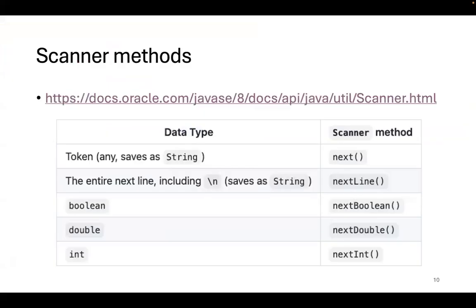Everything I type on the line will get output from there. It also has some support for primitives: if I have a Boolean, a double, or an int, it can grab that information from the scanner and return it to me as an int, as a double, as a Boolean, which is nice.